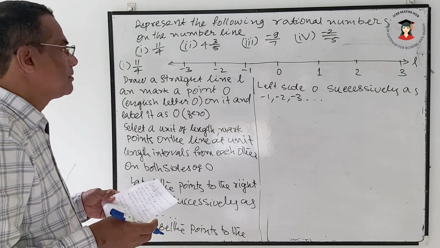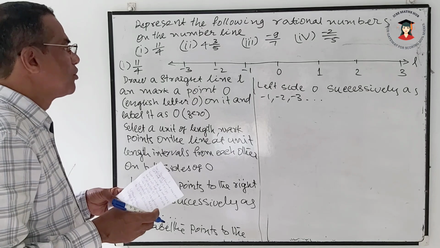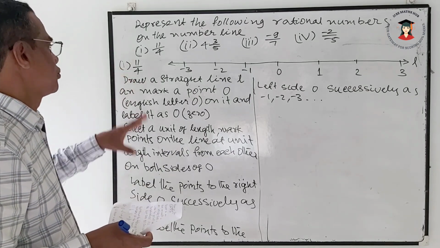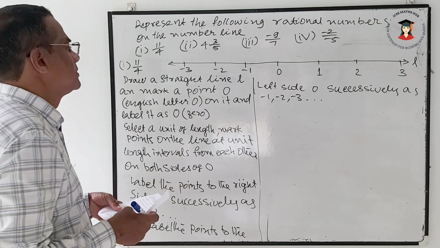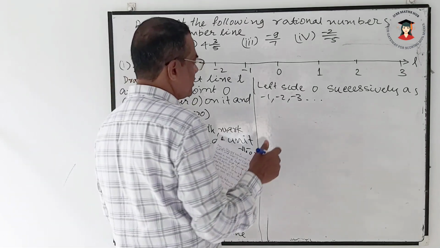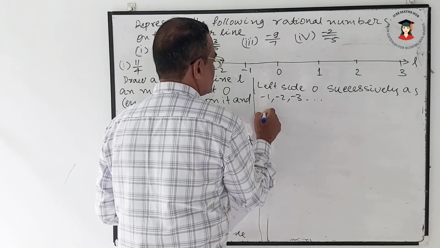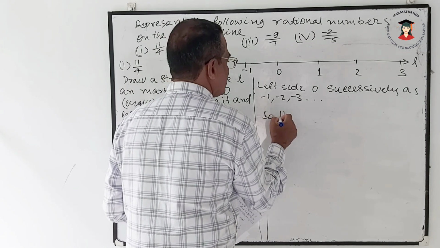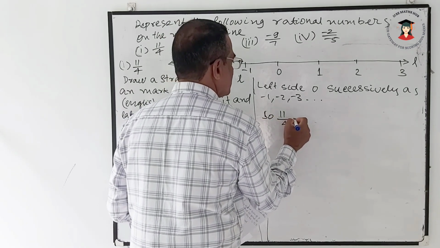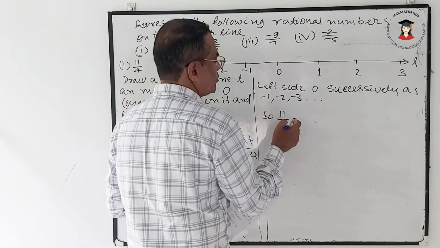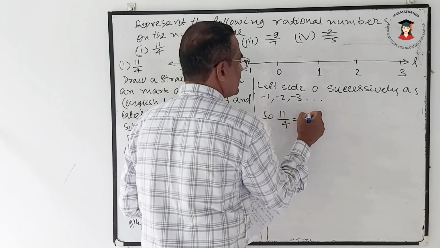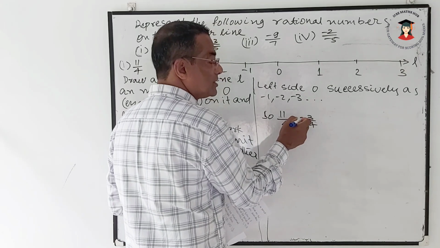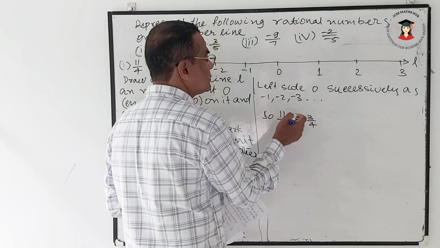Now we can go for locating the point 11/4. 11/4, if I do a division, is 2 and 3/4. 2 into 4 is 8, 8 plus 3 is 11.